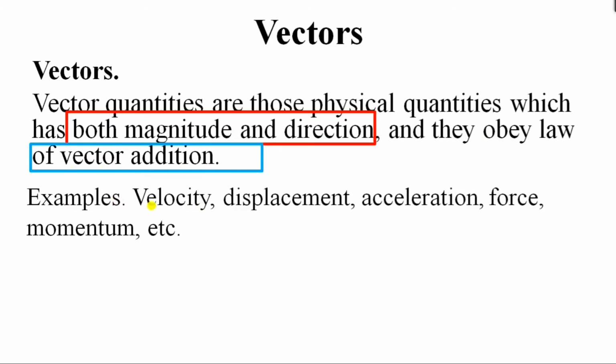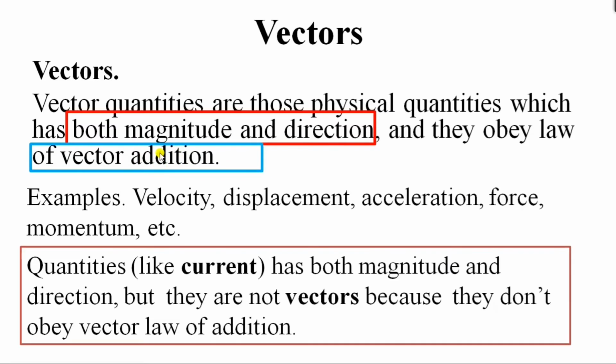Some examples of vectors are velocity, displacement, acceleration, force, momentum, etc. The reason that we have added the second condition is that there are some quantities which have both magnitude and direction, like current, but they are not vectors because they do not follow the law of vector addition, and we will discuss the law of vector addition afterwards.